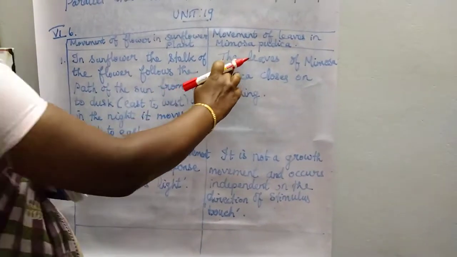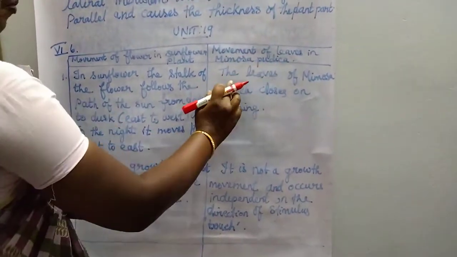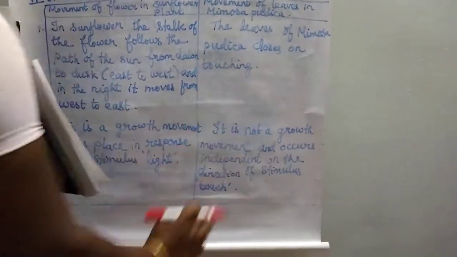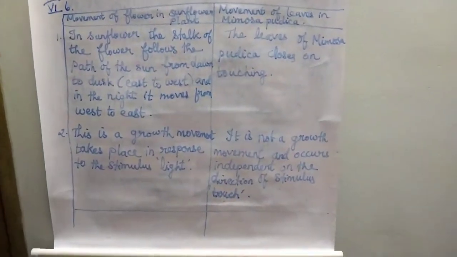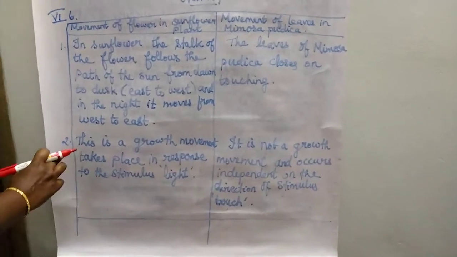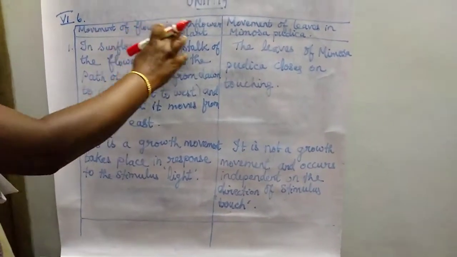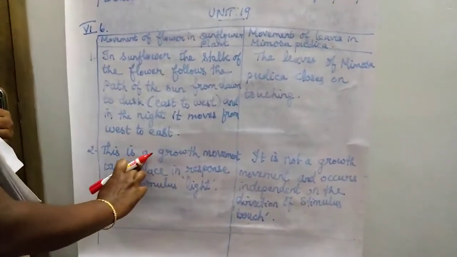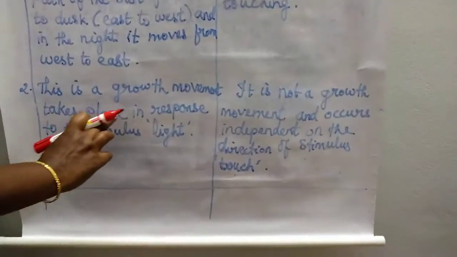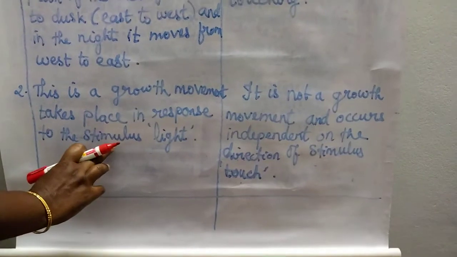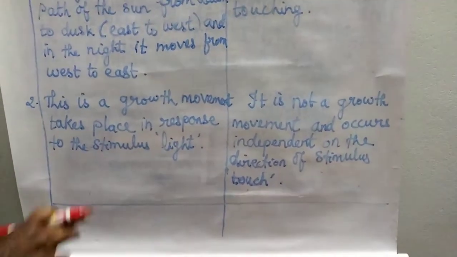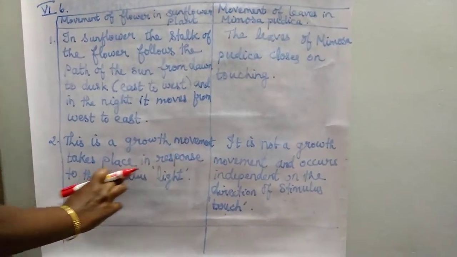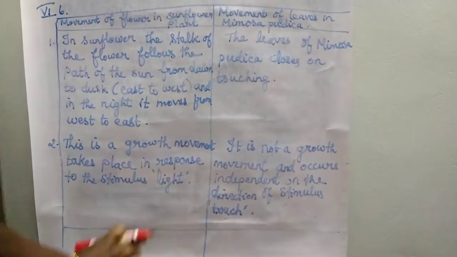Then under Mimosa pudica you can write the leaves of Mimosa pudica closes on touching. Then second point, under sunflower plant you can write, this is a growth movement takes place in response to the stimulus light.